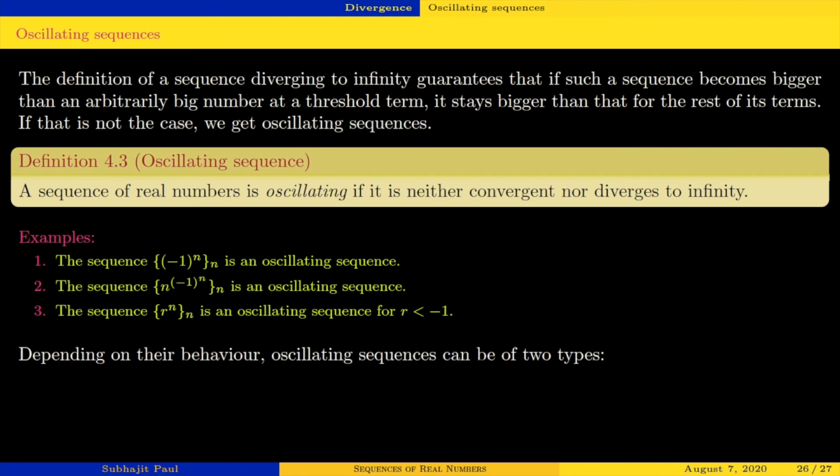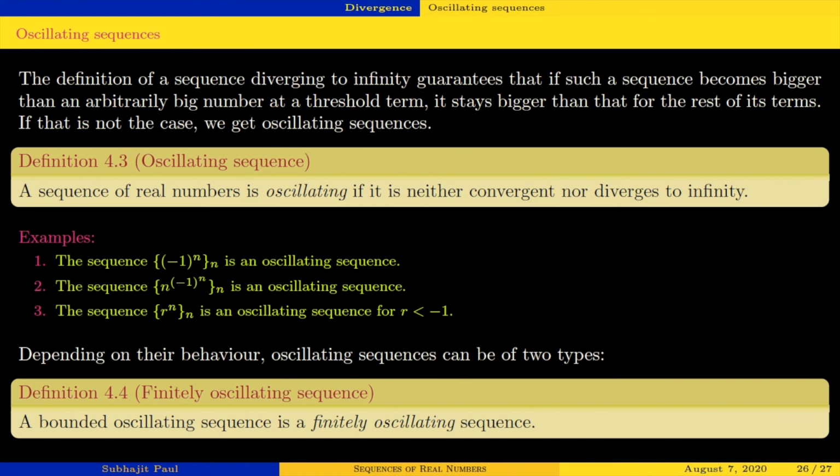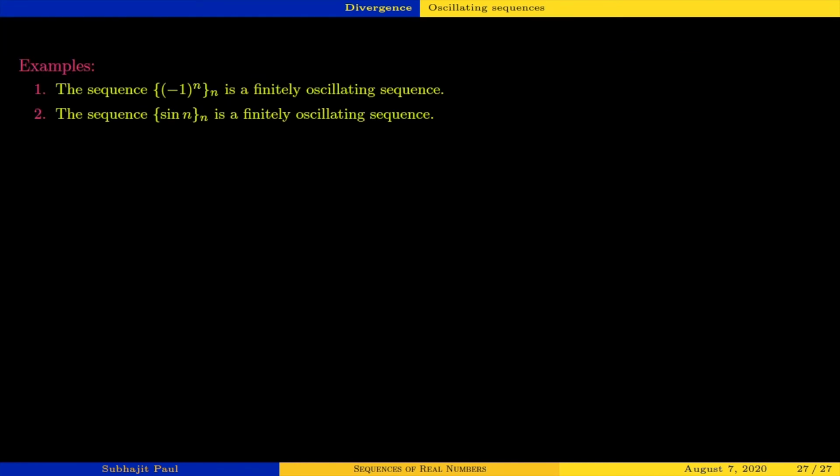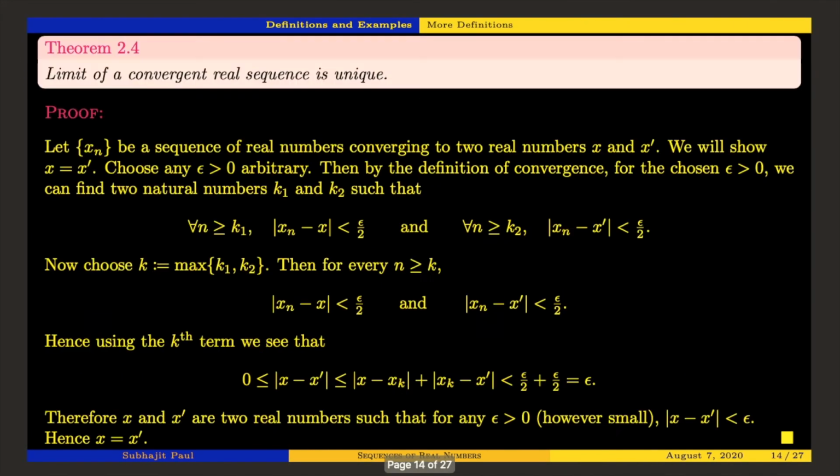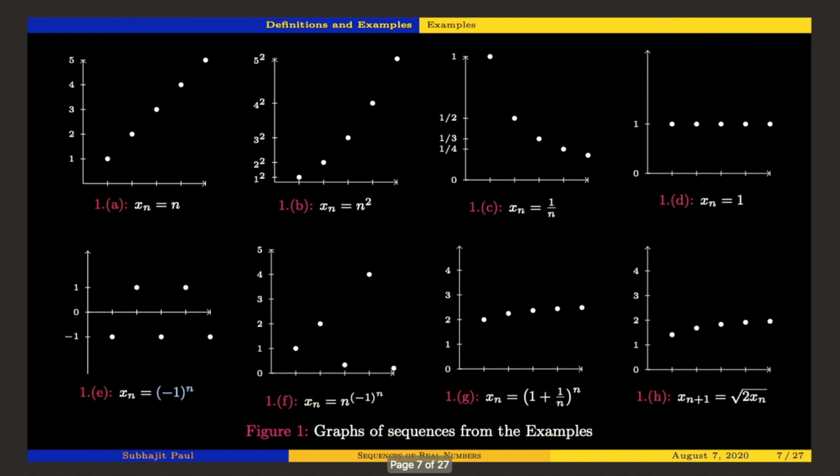So depending on their behavior, oscillating sequences can be of two types. The first one is the finitely oscillating sequence. A bounded oscillating sequence is a finitely oscillating sequence. So the sequence minus 1 to the power n is a finitely oscillating sequence: minus 1, plus 1, minus 1, plus 1, minus 1, this way.